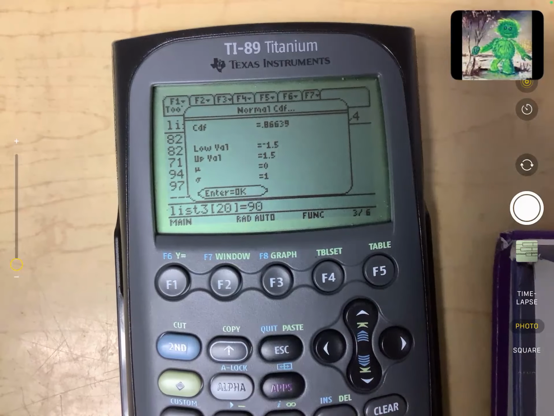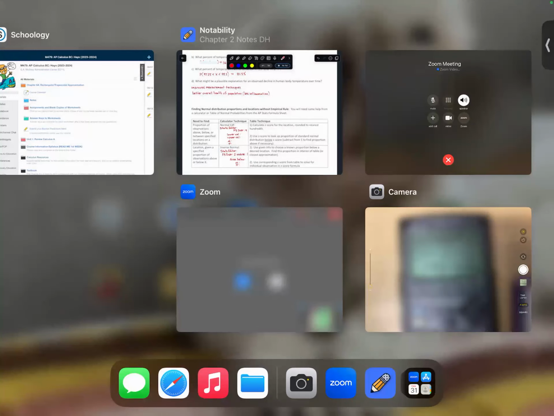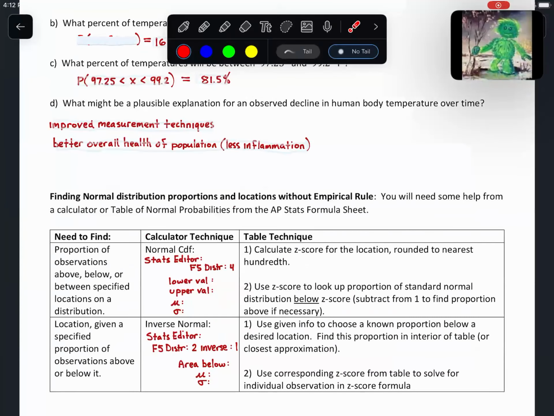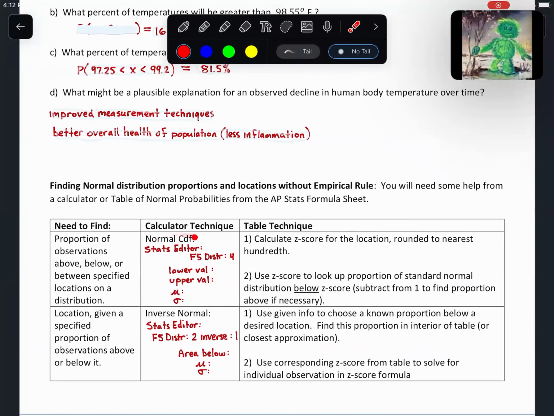Well, let's go back to the notes. I've got the rough steps here for normal CDF. Well, what if your calculator dies? There is a way to use a table in your formula sheet.